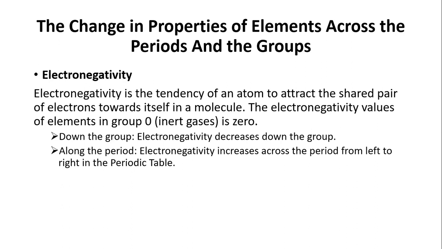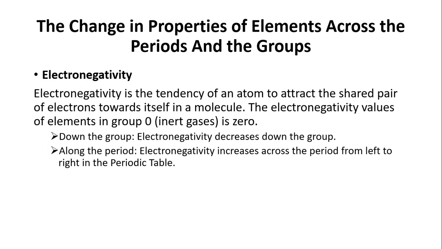While along the period, it means along the rows, the electronegativity, this tendency or ability of an atom to attract the shared pair of electrons, increases along the period from left to right in the periodic table.